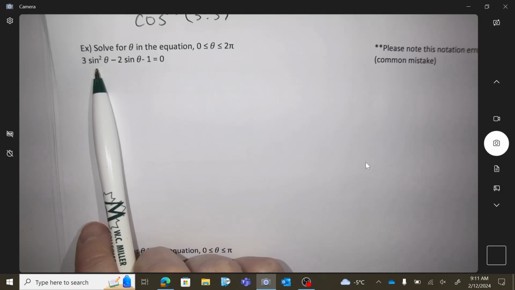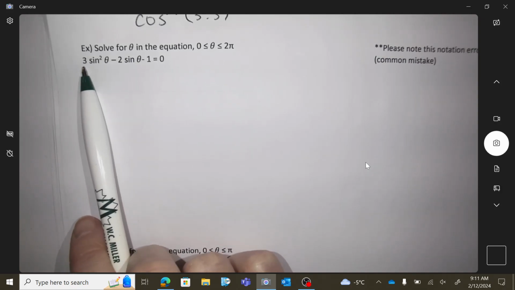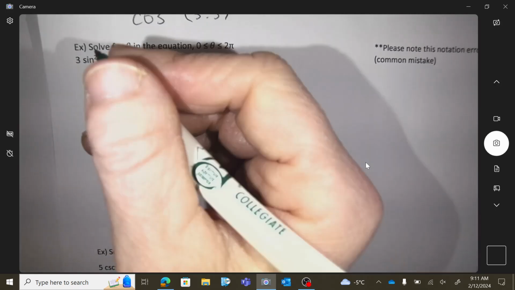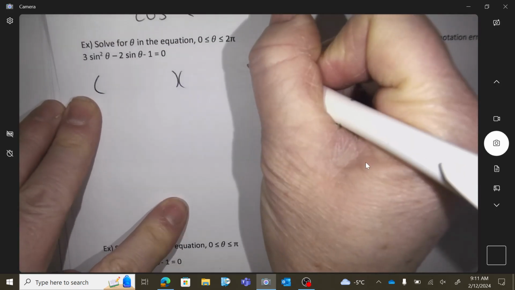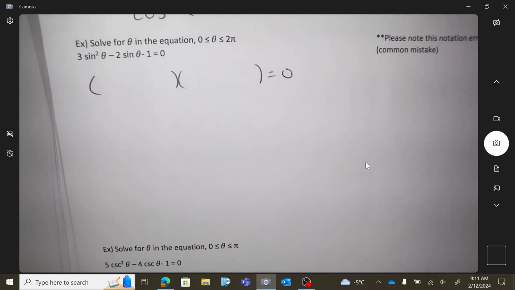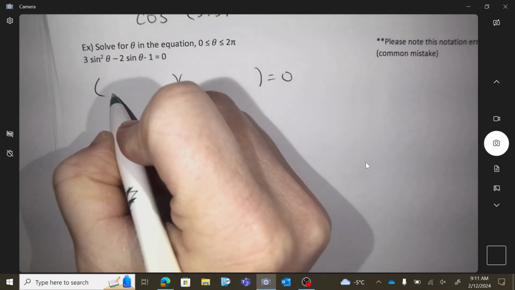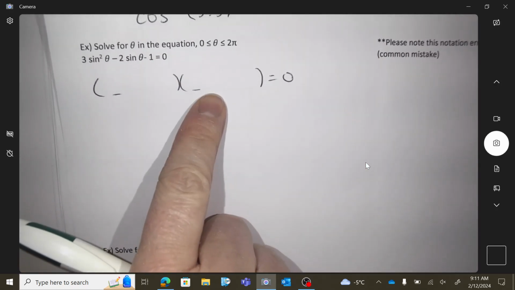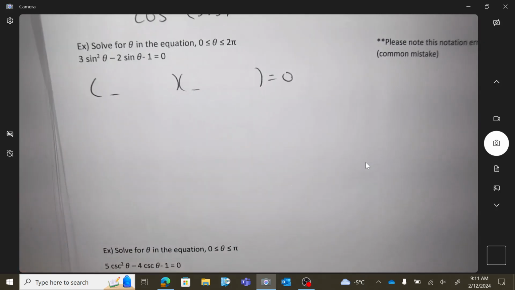Why? Because it starts with a something squared part, right? Okay, so I need you to give me 2 brackets. What in the front multiplies to 3 sine squared theta?